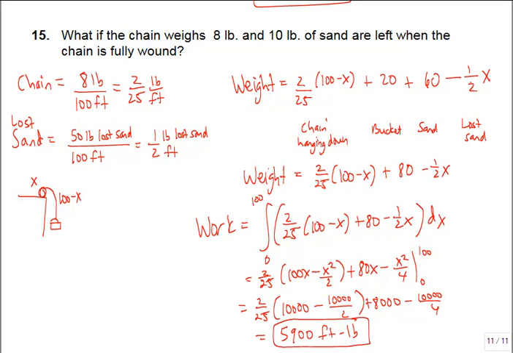And then finally we talked about the work it takes to wind up a chain or a cable, and to figure those out, we figure out the weight of the cable or the chain that's hanging down, plus any other additional weights that are hanging down from that chain, and then you integrate that weight over your bounds. Okay? These take some practice, so just work hard at it.